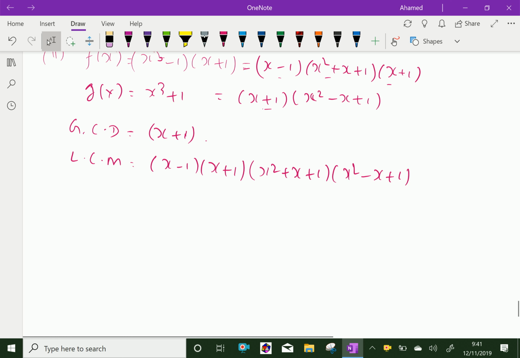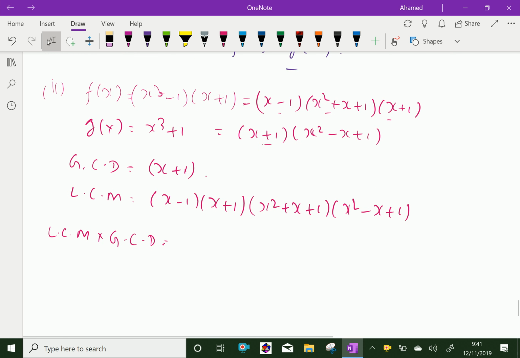Now we'll check LCM into GCD of these two functions.